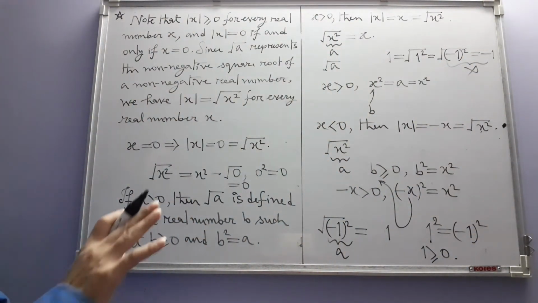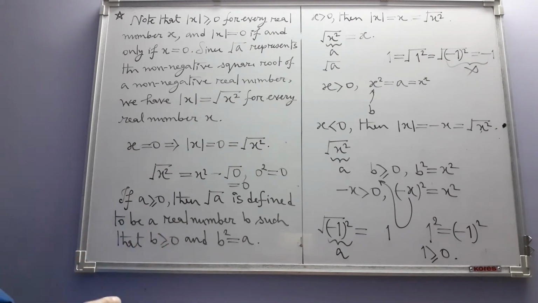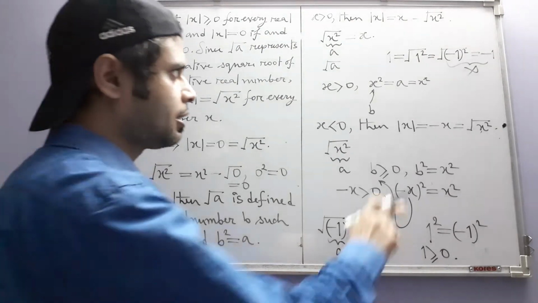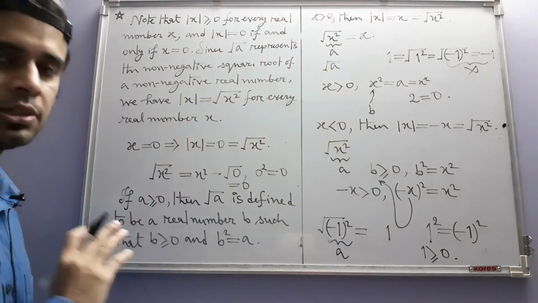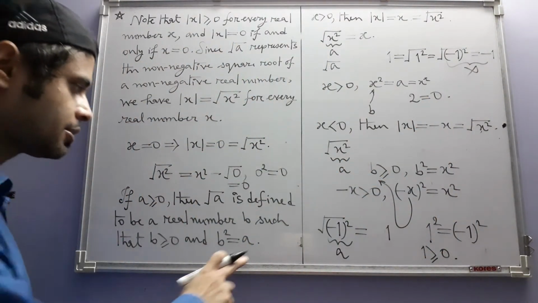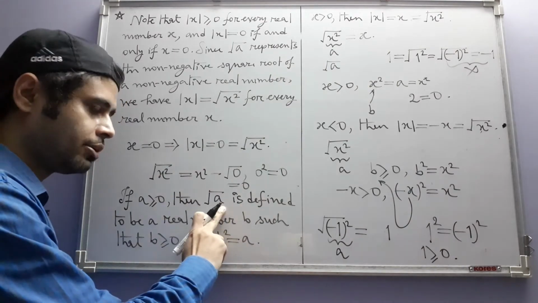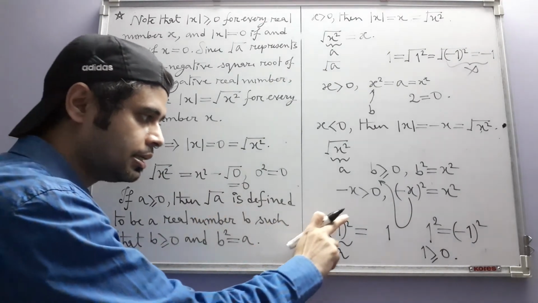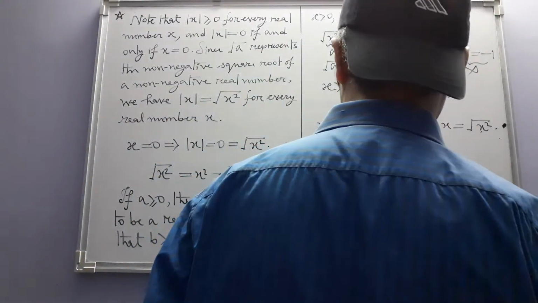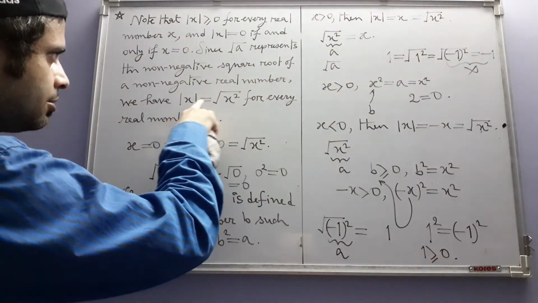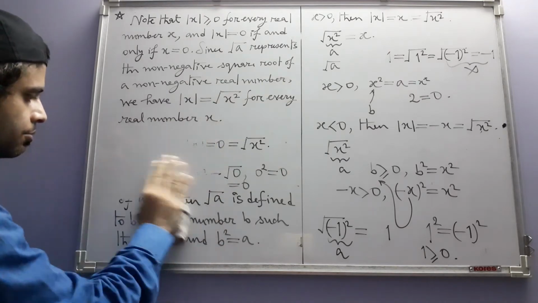So that actually does not give you a correct argument. Otherwise 2 will be equal to 0 and entire mathematics will collapse. But because of this careful definition of non-negative square root, this is also equal to 1. So that's how this equation is true.